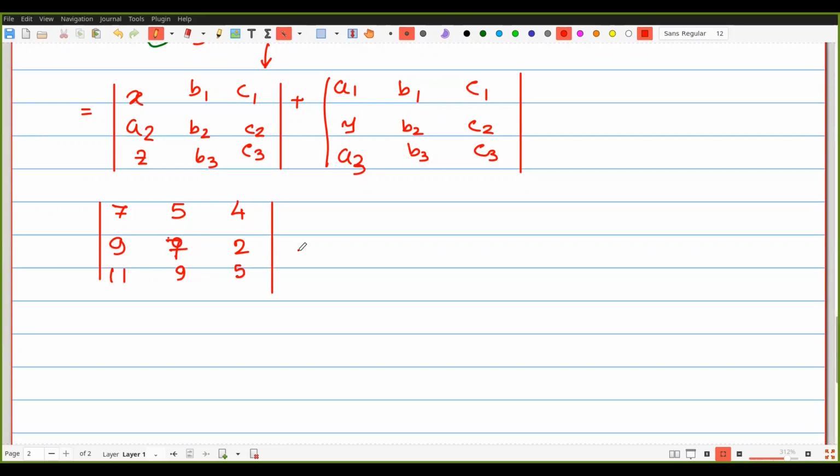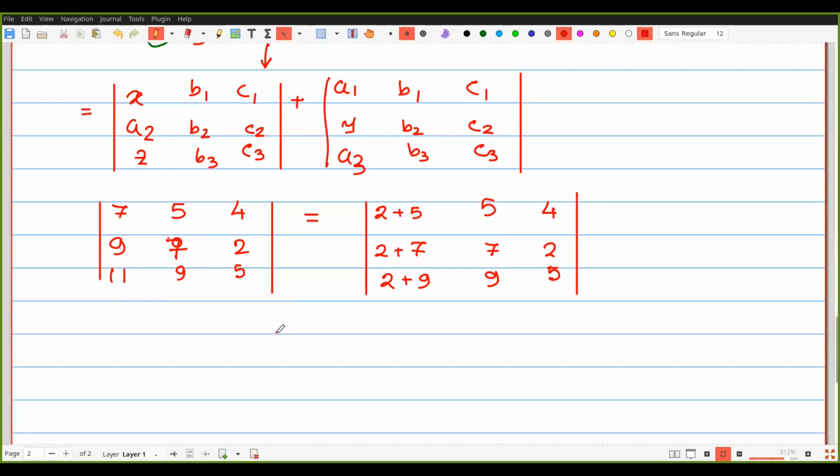Suppose. So we can write the first 7 in that way, that is 2 plus 5, second one 2 plus 7, that one 2 plus 9. Okay, then 5, 7, 9, 4, 2, 5.